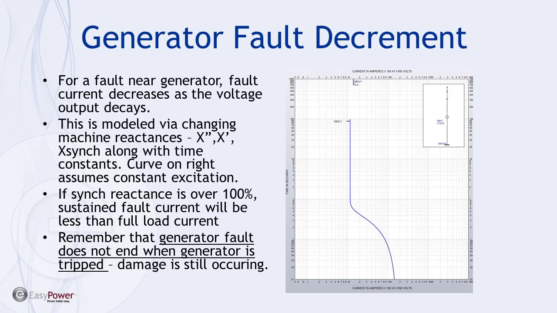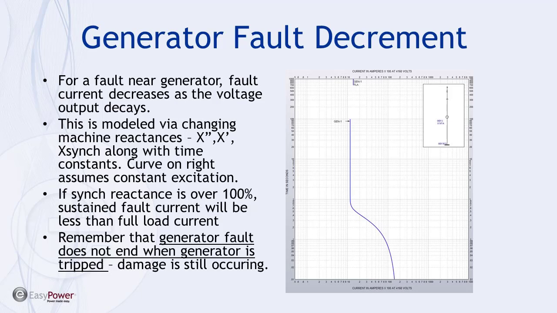You can produce these in EasyPower in the coordination focus if you have the generator impedances and the time constants. So this is where we get into the subtransient reactance, the transient reactance, which is X prime, and the synchronous reactance, along with the time constants.